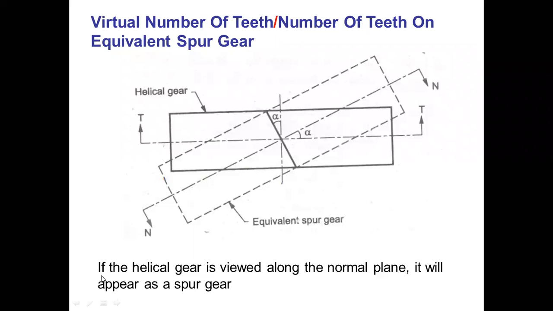This imaginary spur gear is kinematically equivalent to the spur gear. Means the forces acting on it, or the terminology used in it, look like a spur gear.